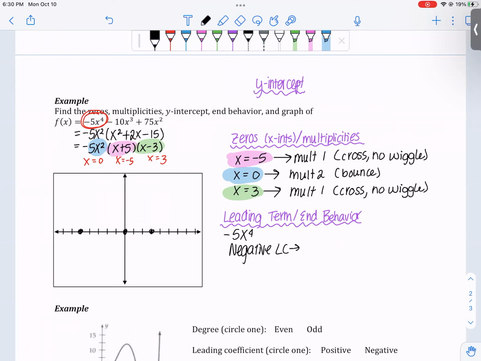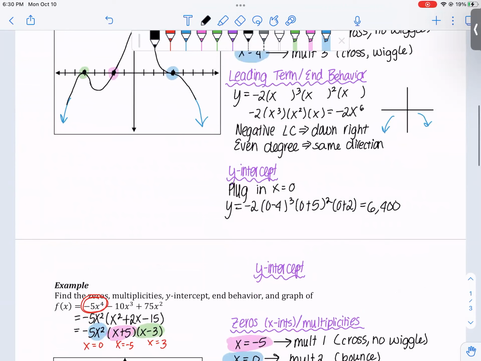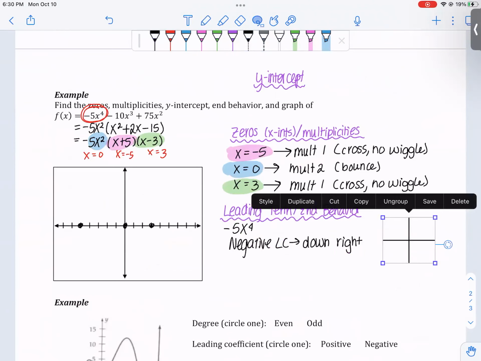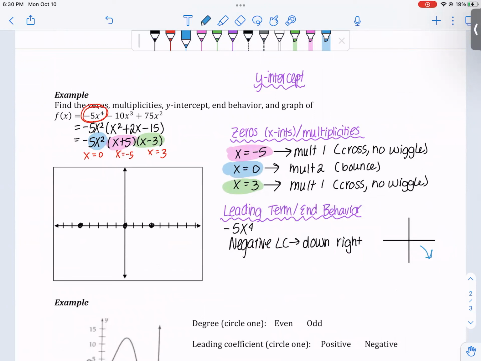So it's going to go down as it goes right. It's a 4th degree, which is an even number. Even degree means that the direction is the same for its end behavior.